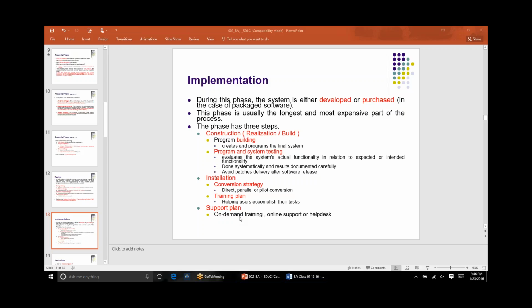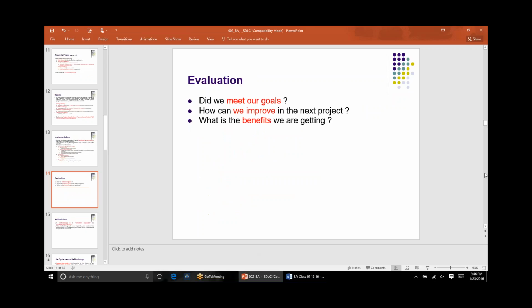Okay. Let us understand this more. Evaluation. In the evaluation, did this solution meet our goal?